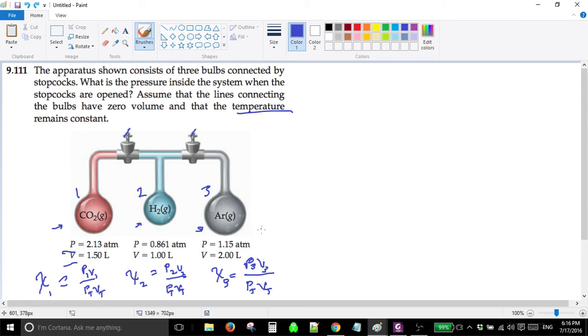So I have one unknown here, and what do I know about these mole fractions? How can I put these mole fractions all into an equation like this? Remember that the mole fractions all add up to 1, don't they? Meaning, these things also add up to 1.